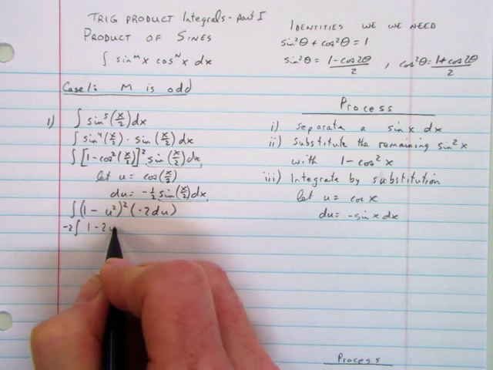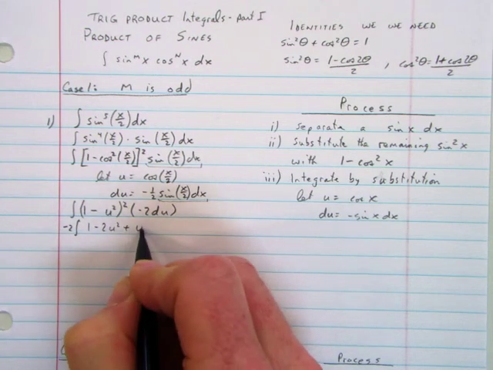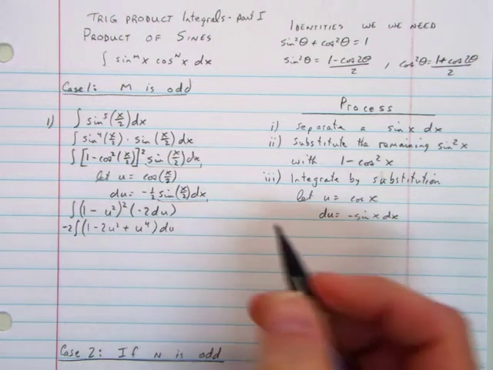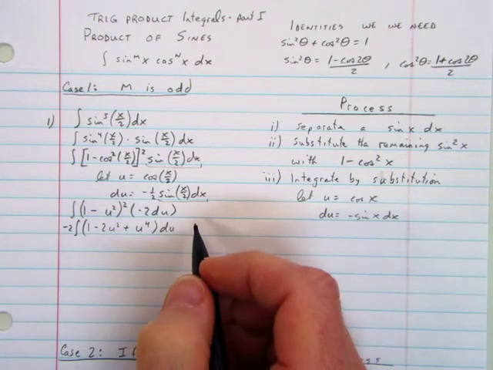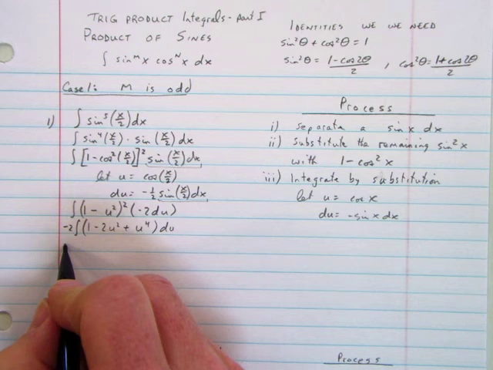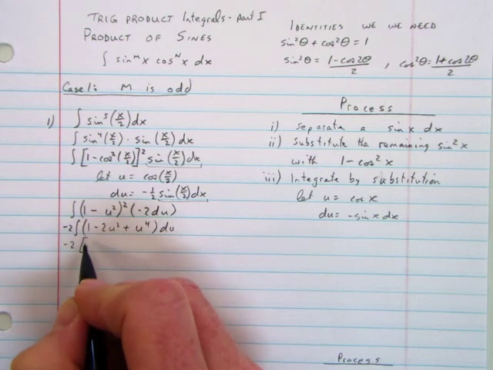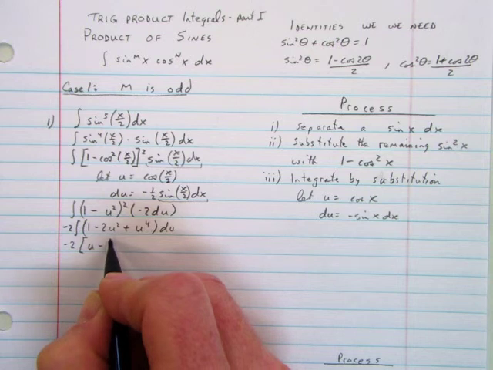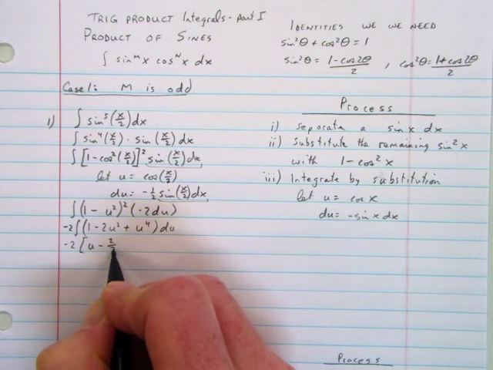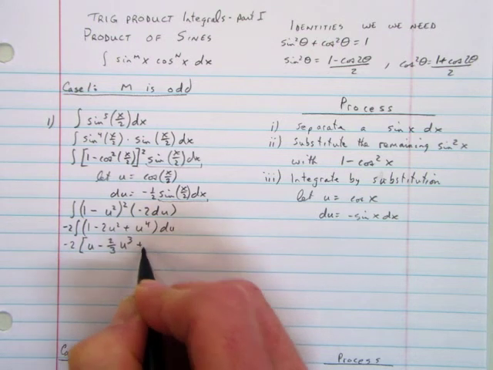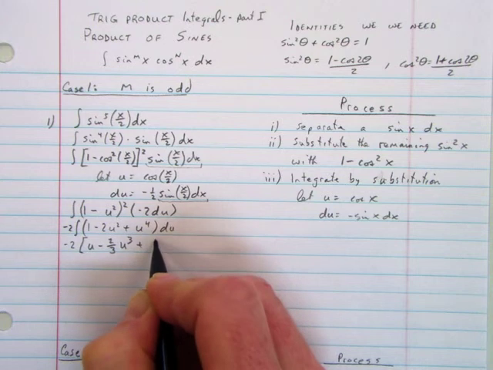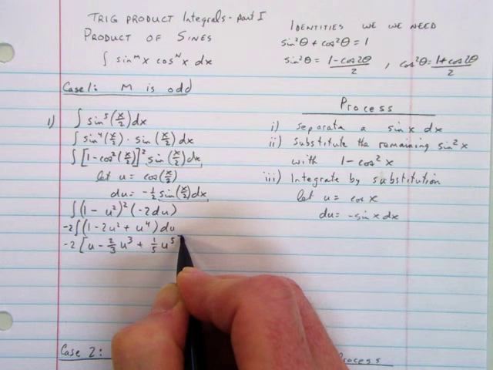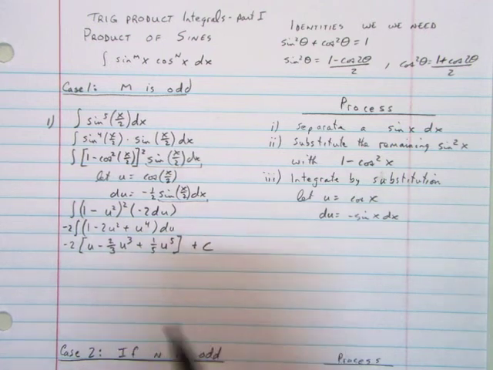We'll get 1 minus 2u squared plus u to the 4th du. To integrate, we'll have negative 2. The antiderivative of 1 is u. The antiderivative of negative 2u squared would be negative 2/3 u cubed, plus 1/5 u to the 5th. And then we have our plus c.